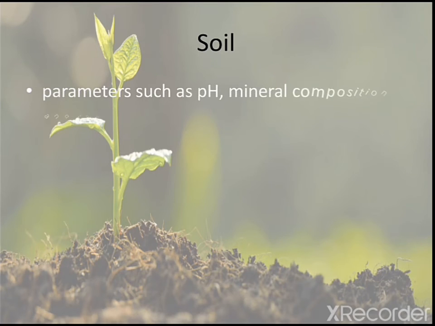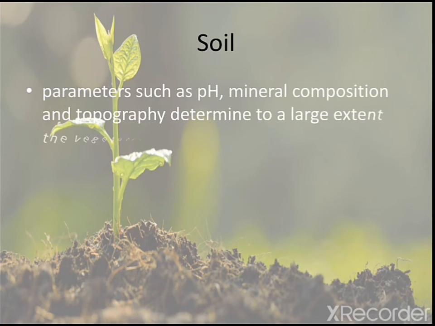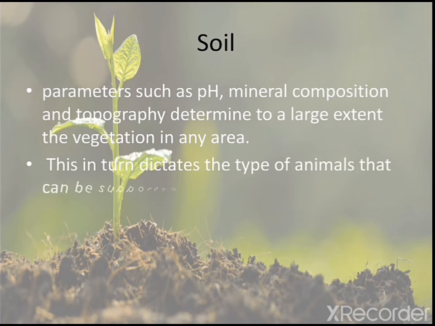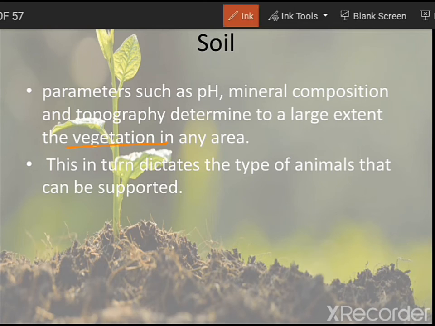Now, there are some factors such as the pH. Also, we have factors like the mineral composition and the topography. All these things are extremely important for determining the vegetation in a particular area. Now, the amount of vegetation or the types of vegetation that is present in an area will reflect on the type of animals that are ultimately present.